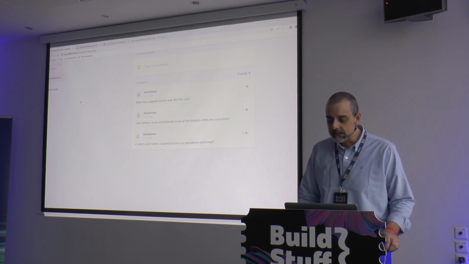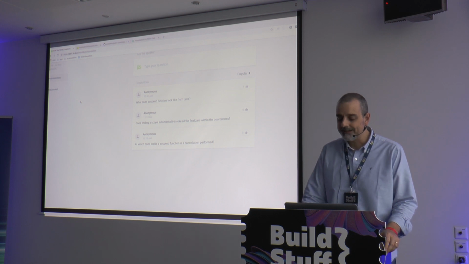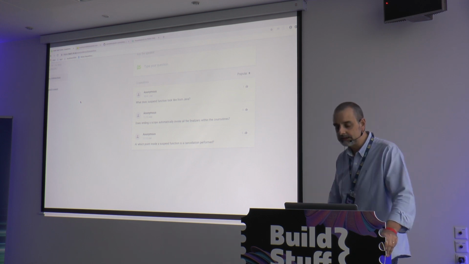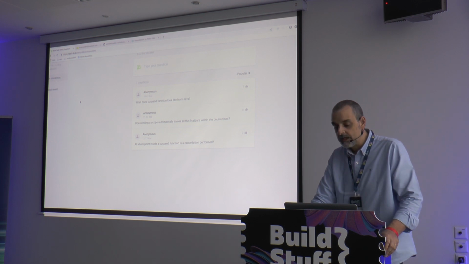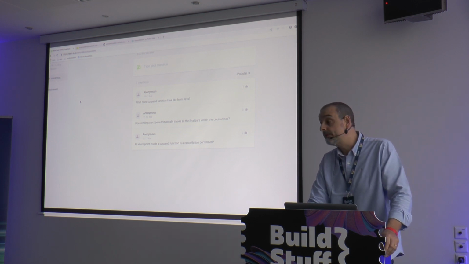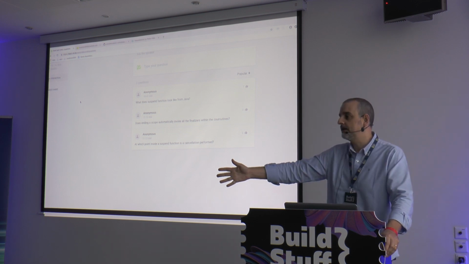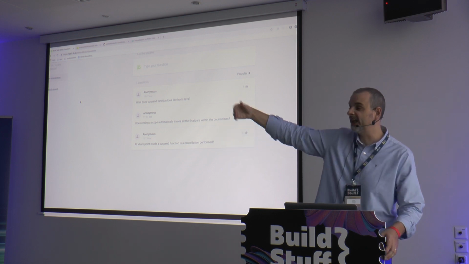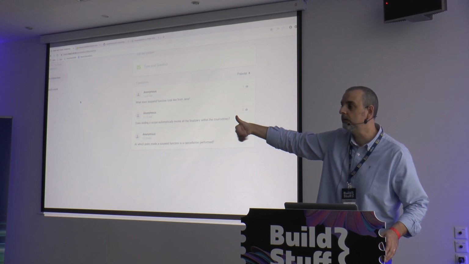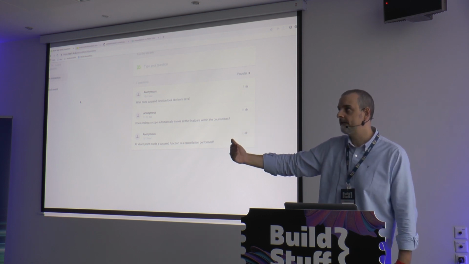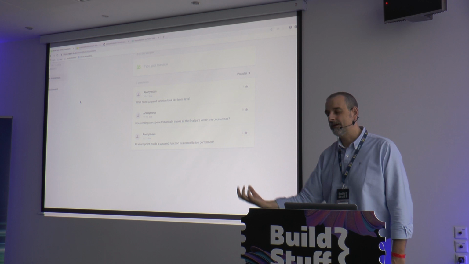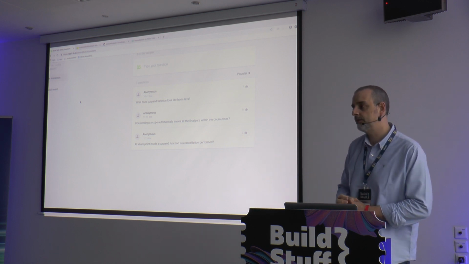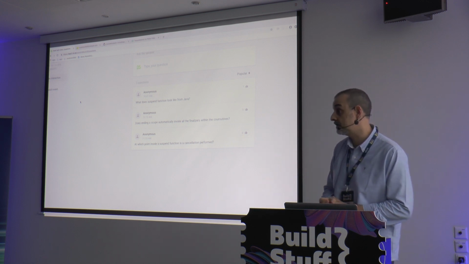So does ending a scope automatically invoke all the finalizers within the coroutines? Ending a scope cancels everything. By cancelling everything, if the coroutines were waiting on suspension points, they will immediately get out of that suspension point via an exception.